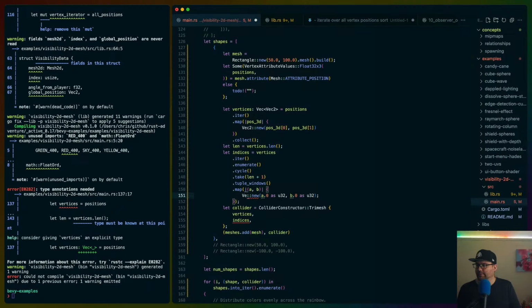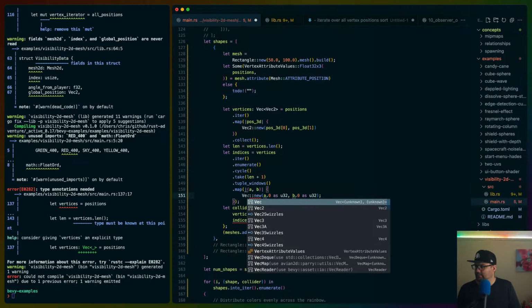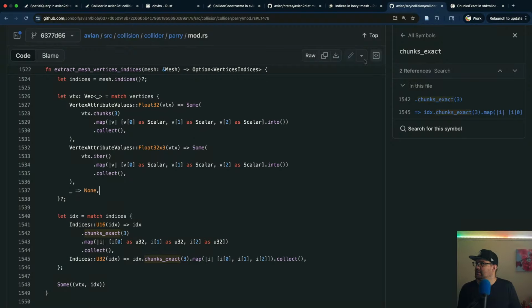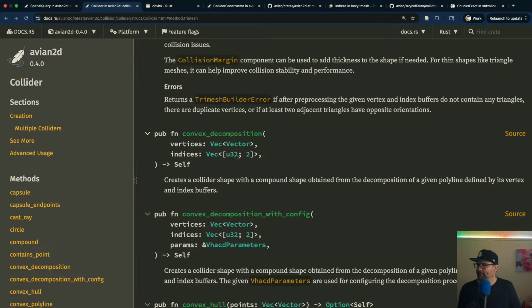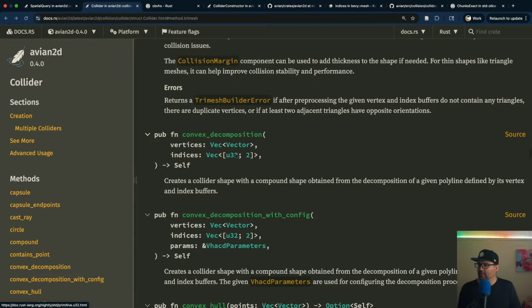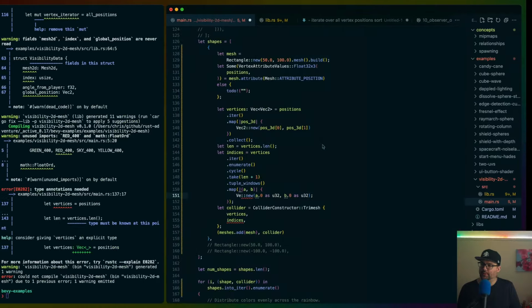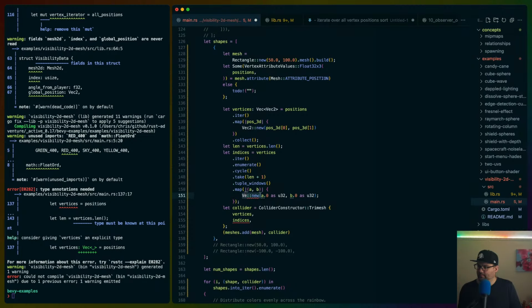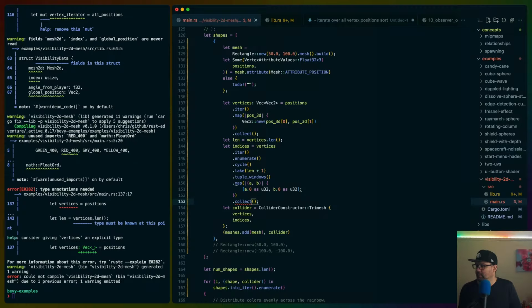This is not a Vec2. Wait, what does the index have to actually be? Vec of U32.2. Trimesh indices, we have to collect this. We have to specify what this is supposed to be. It's not that, it's this.